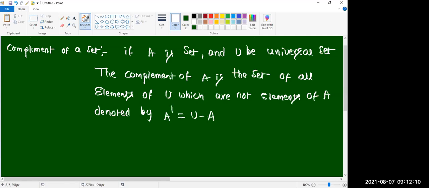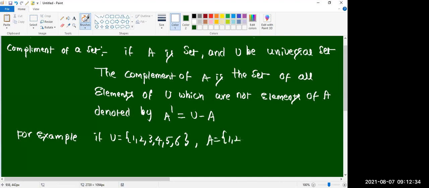From the universal set, if you delete A, you will get not A. A complement means not A. For example, if U equal to 1, 2, 3, 4, 5, 6 and A equal to 1, 2, 3, find A complement.